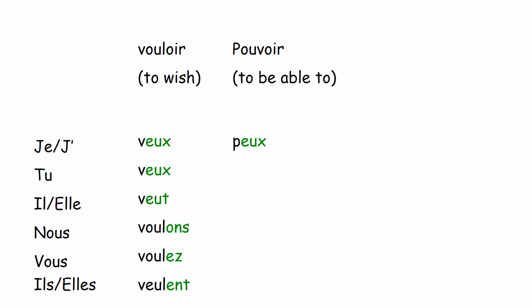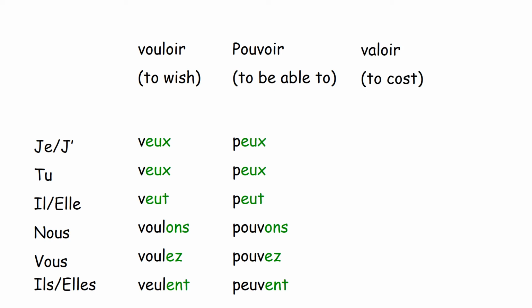You would say je peux, tu peux, il or elle peut, nous pouvons. There we add the L and here we are adding the V. For vouloir, we said nous voulons. For pouvoir, we will say nous pouvons, vous pouvez, ils or elles peuvent. Okay?